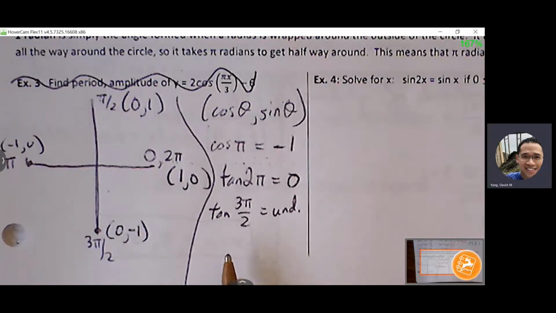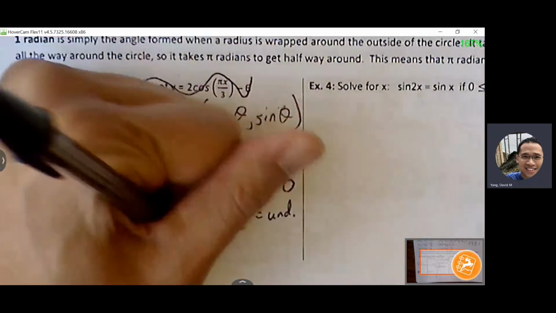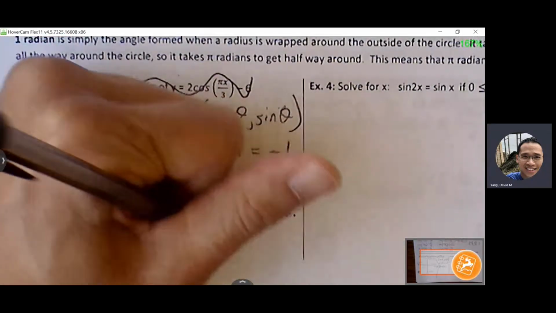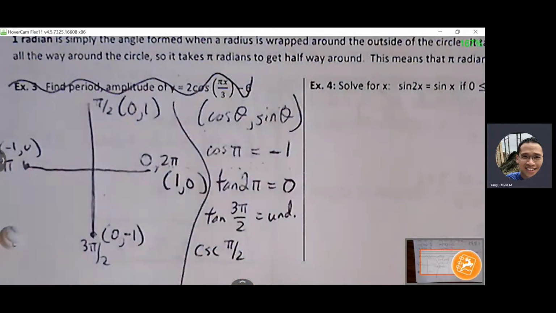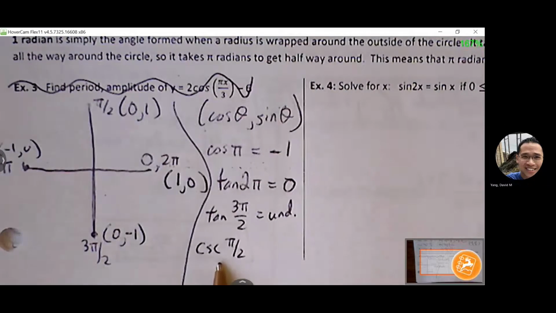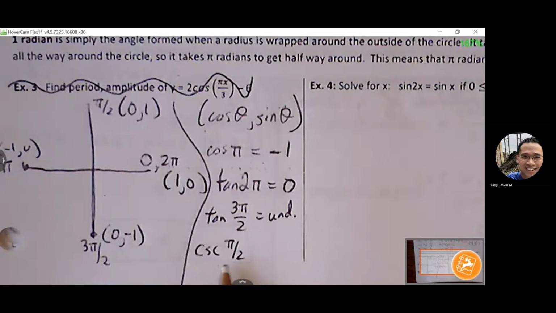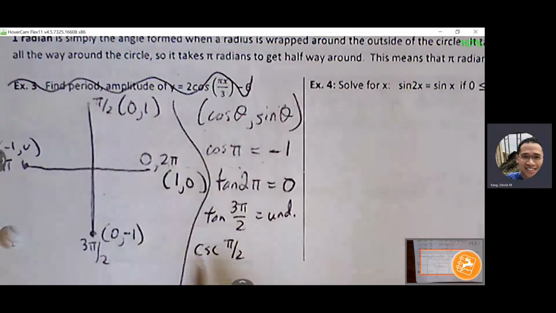Okay, cosecant of pi over 2. We know pi over 2 is here. Where do we look if we want to figure out cosecant?